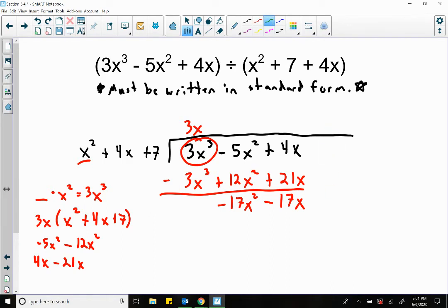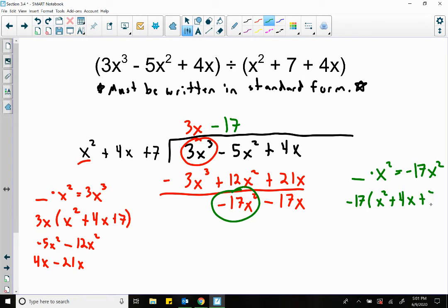All right, so now here's the new person we want to get rid of. So what times x squared gives us negative 17x squared? That will be negative 17. And so we're going to take negative 17 times that entire beginning piece, the x squared plus 4x plus 7.